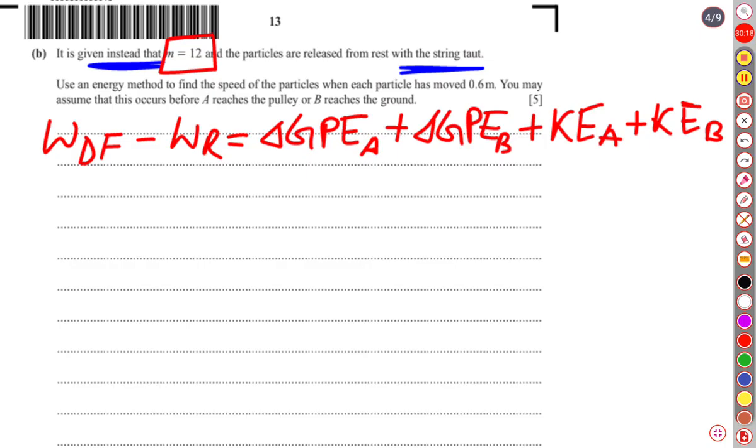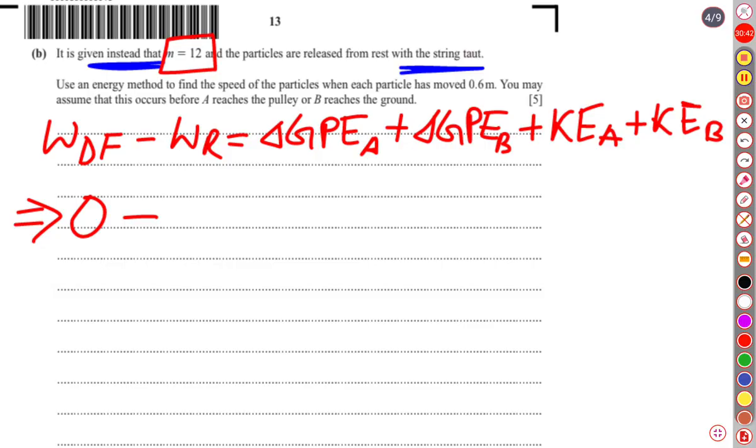As there is no other external force, driving force is zero. Remember, if there is no external force acting on the particles, then driving force is zero, so work is also zero. Now resistance force, for particle B there is no resistance force. For particle B, it was just hanging, so there is no resistance to motion.